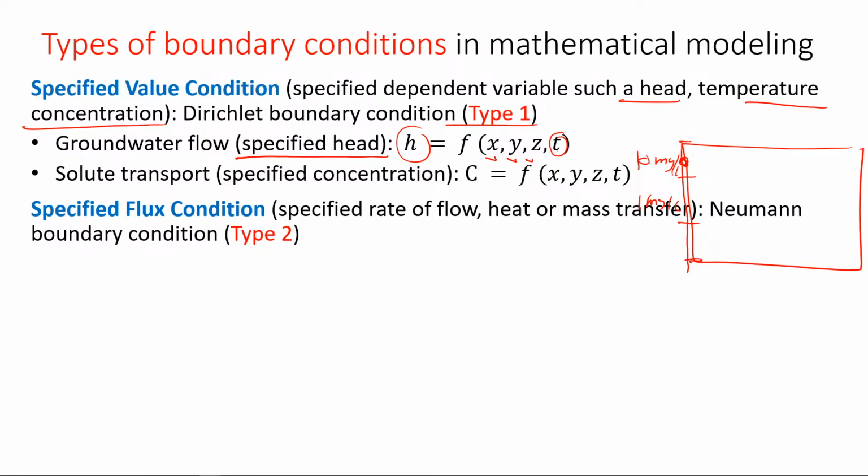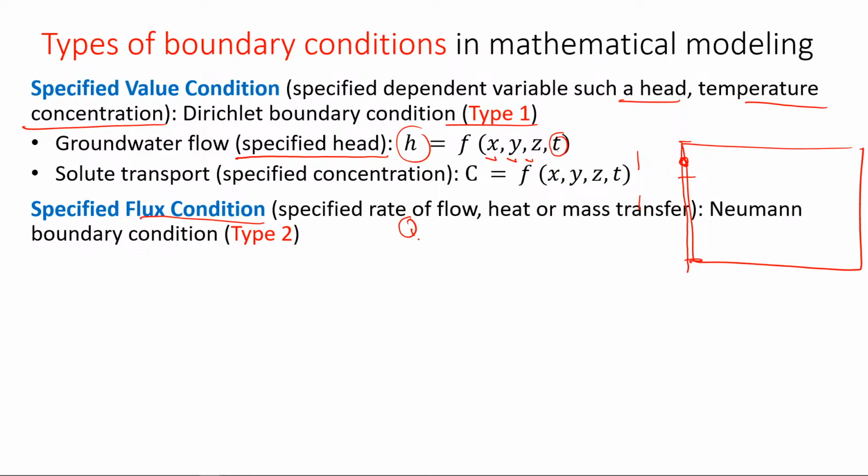The type 2 boundary condition is where you specify a flux condition. A flux condition is not like the head value, but like the flow rate, how much water is entering per unit time.